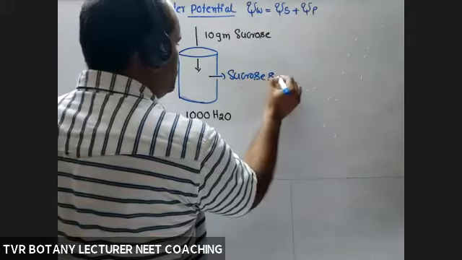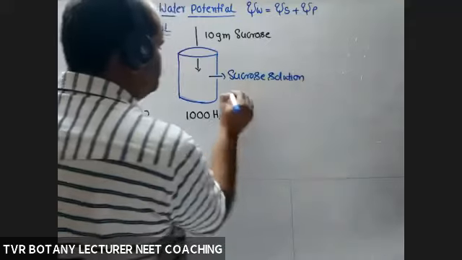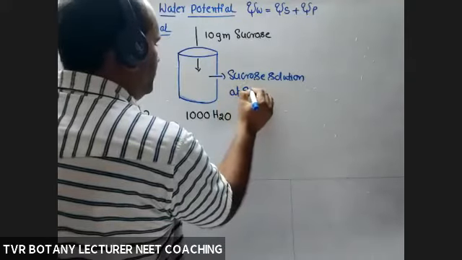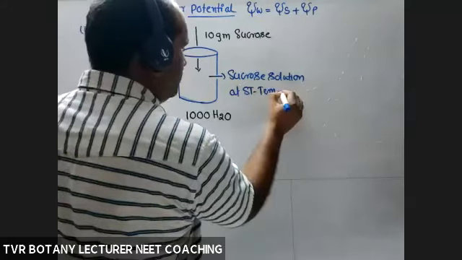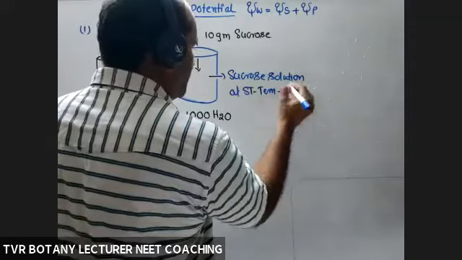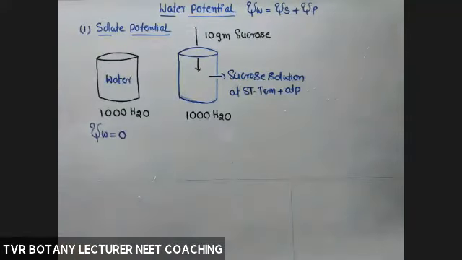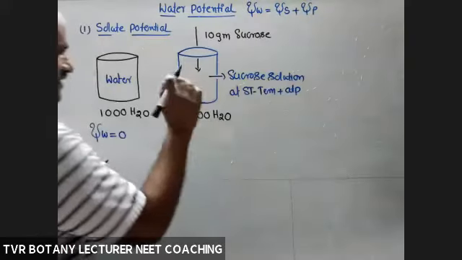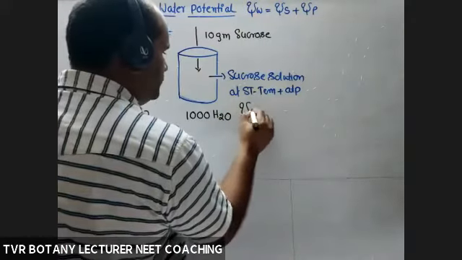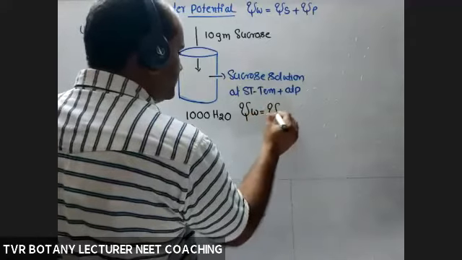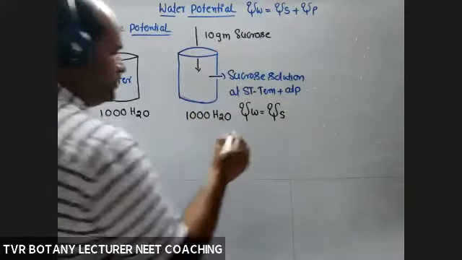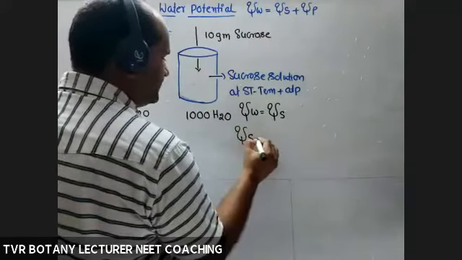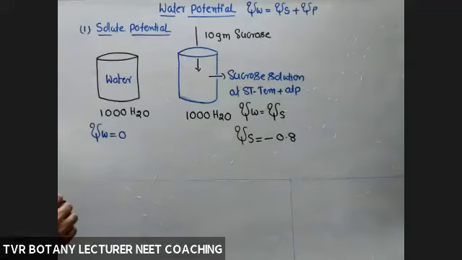So in this beaker, the sucrose solution is at standard temperature and atmospheric pressure without any external pressure. In this case, psi W is equal to psi S. For example, according to 10 grams of sucrose, psi S is minus 0.8, a negative value.